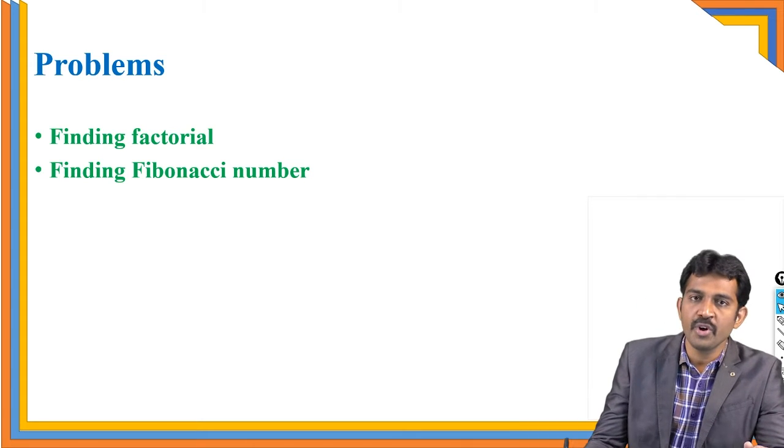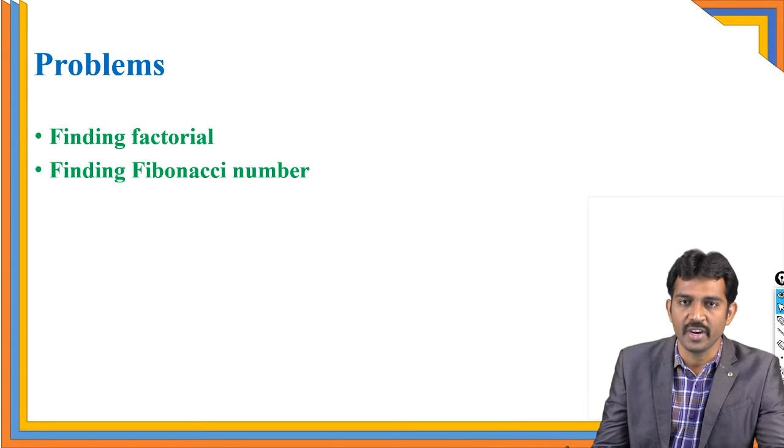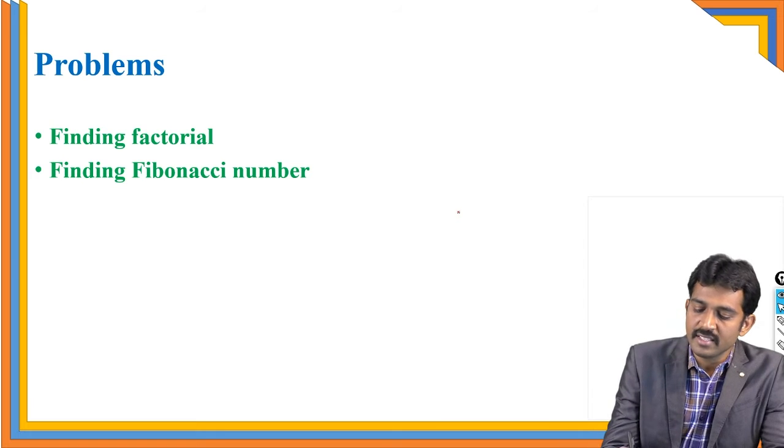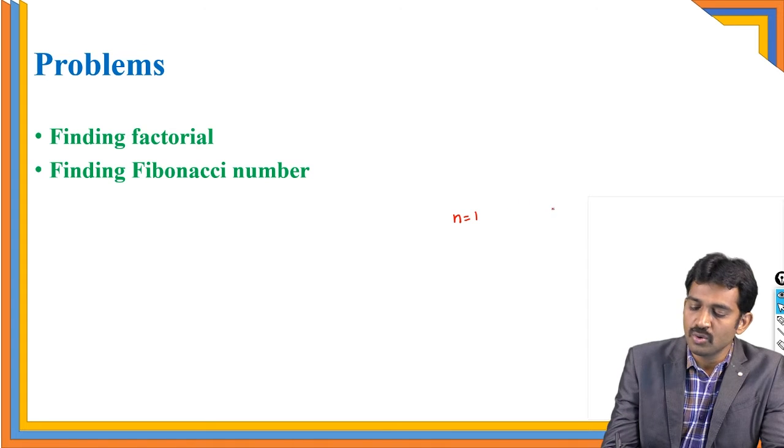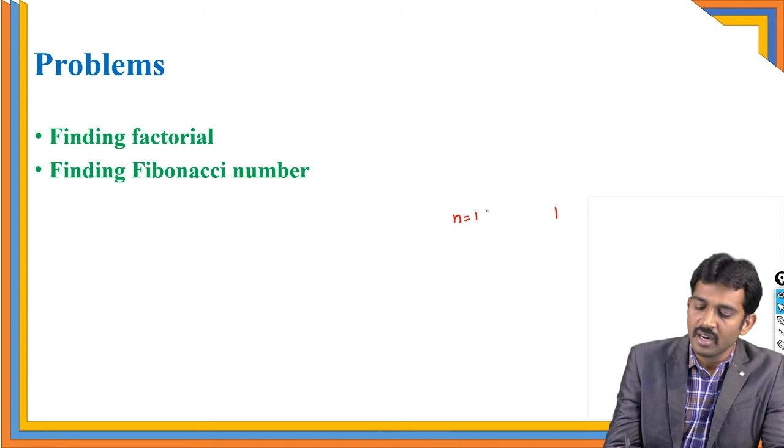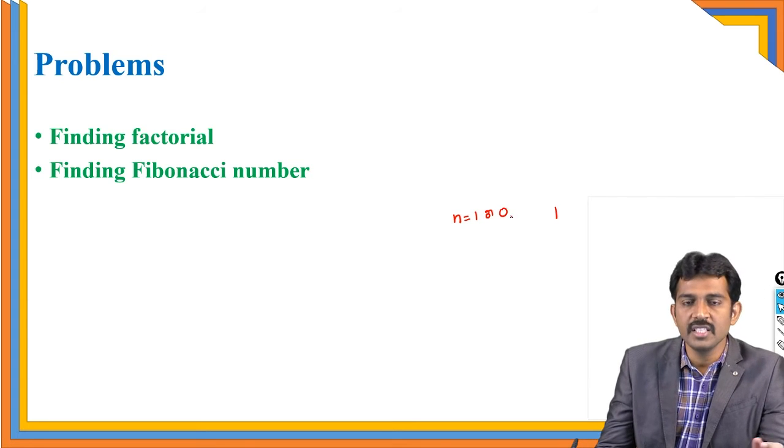Before writing the function, we should write the recursive definition. For example, if n is equal to 1, then what is the factorial of n? It is 1. Or if n is 0 or n is 1, then the factorial is 1.